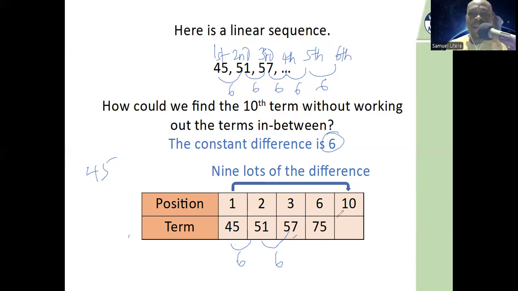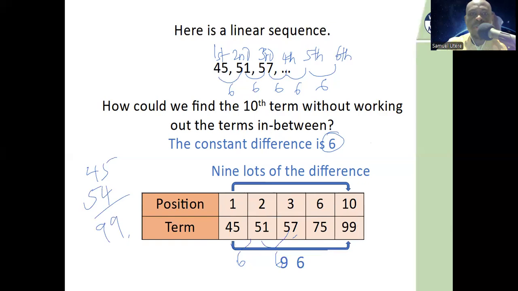So if we have to add 9 lots of 6, to get the 10th term, we'll have to add 9 lots of 6 to 45. Then 9 times 6 is 54. So you see that if we add 54 to that, our answer will be 99.